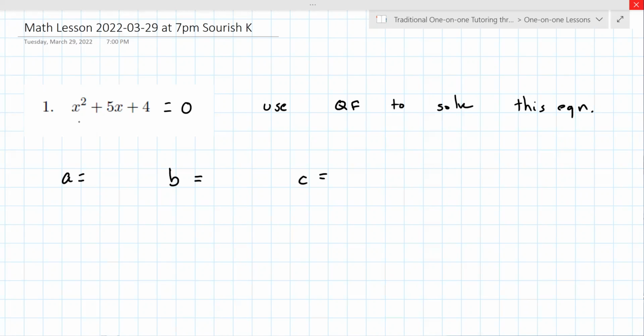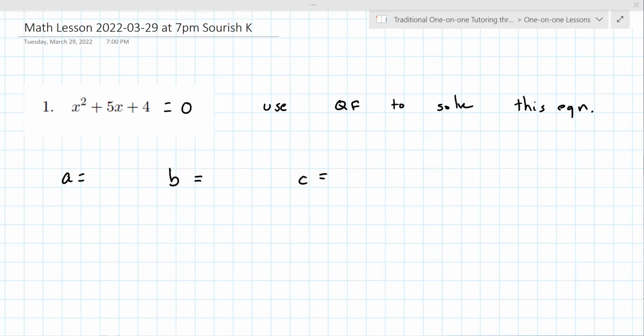So what number is in front of x squared? What is not written but is in front of x squared? Wait, what is the number in front of x squared?